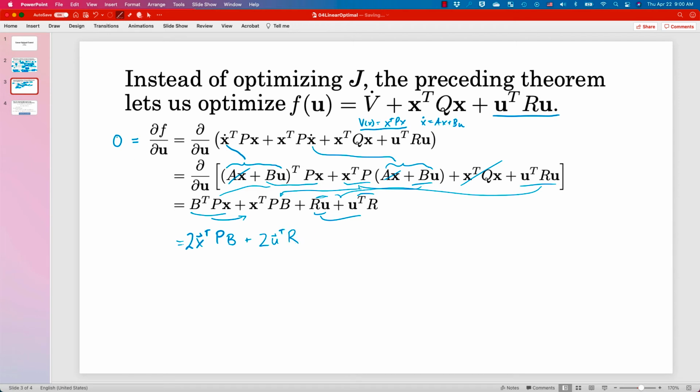All right, the first order necessary condition for a function to be optimized with respect to its independent variable is that the derivative should be 0.